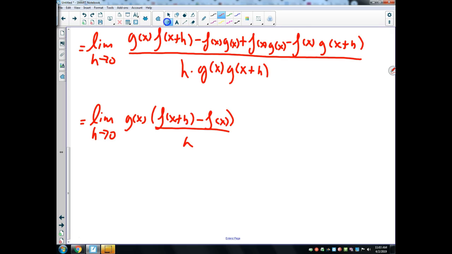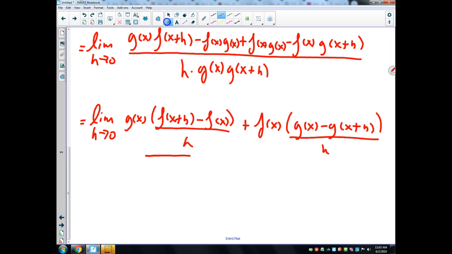And then in the last two terms, the third and the fourth terms of the numerator, can you factor out an f of x? So plus f of x times, what do you get? What's that? g of x minus g of x plus h all over h, right? And don't forget, it's all over still this common denominator of g of x times g of x plus h. Okay.